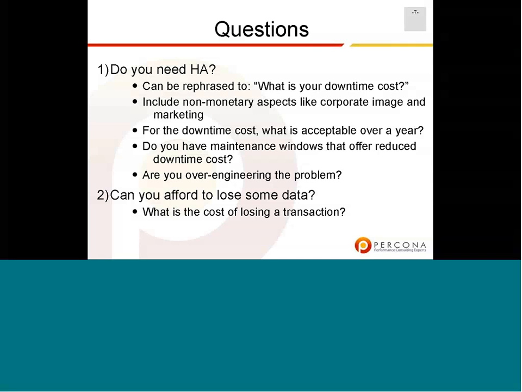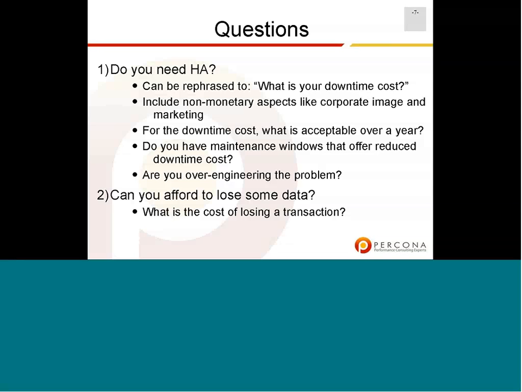The second question that will be used to sort out the various solutions is, can you afford to lose some data? There are solutions that rely on replication of data, and up to very recently only asynchronous replication was available, and that can lead to problems.